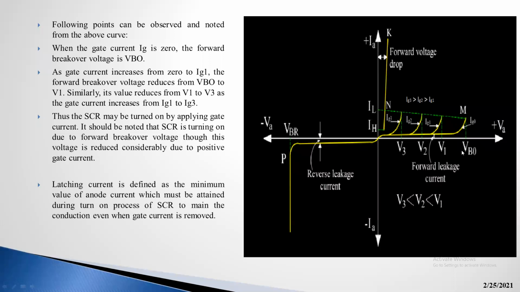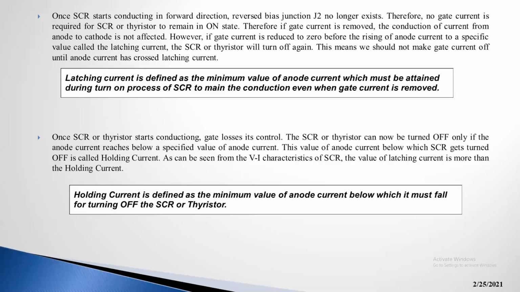Here VB0 is greater than V1, V1 is greater than V2, V2 is greater than V3, or we can say V3 is less than V2, less than V1, less than VB0. Is it clear? The gate current is increasing in this order, and both are inversely proportional. Gate current and forward voltage are inversely proportional. This is the simple concept of the gate triggering method.